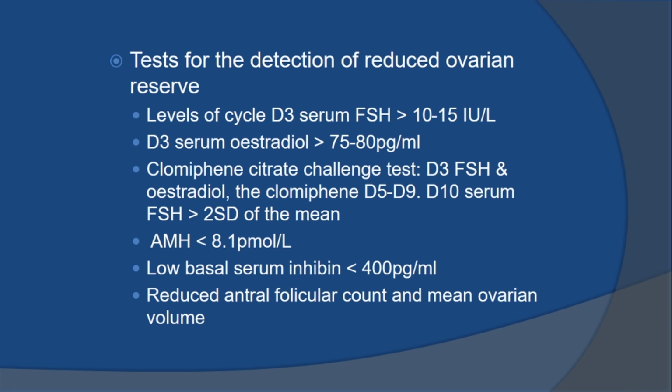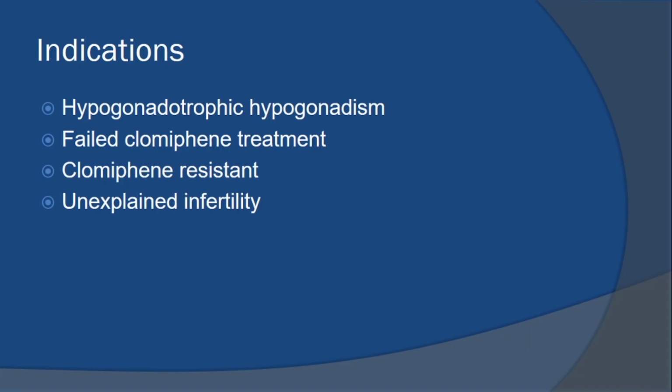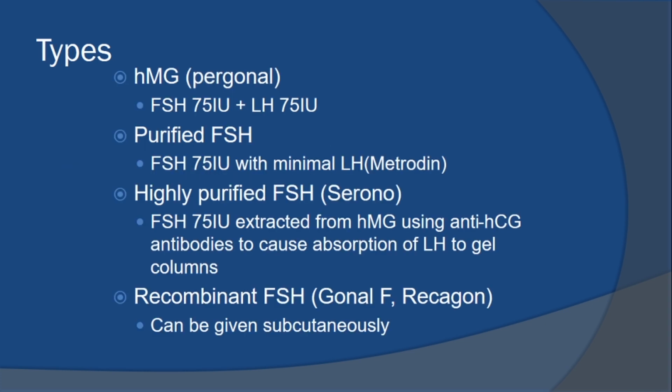Reduced antral follicle count can also be used to monitor ovarian response, which is done with an ultrasound. Indications for gonadotrophin include hypogonadotropic hypogonadism, failed clomiphene treatment, clomiphene resistance, and unexplained infertility.